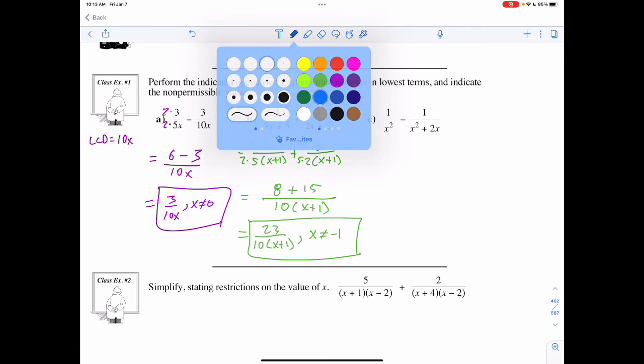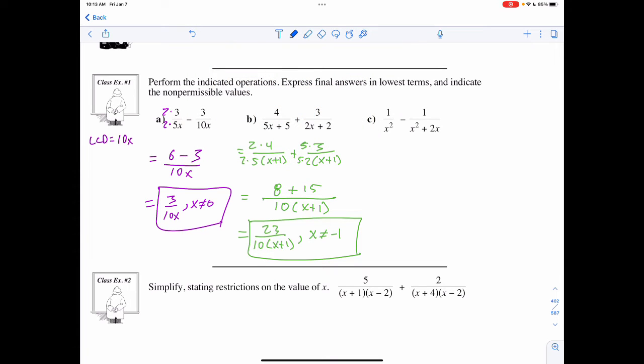When I get to example C, then I'm going to factor down the denominator of the second term. The first one I can't factor down at all, so I have 1 over x squared minus 1 over x and x plus 2.